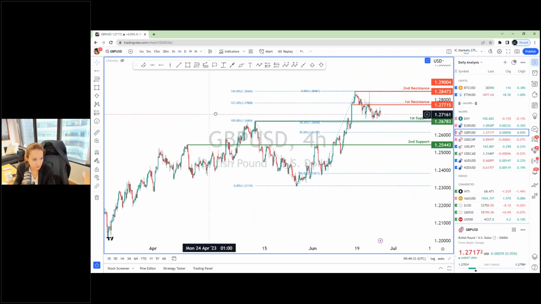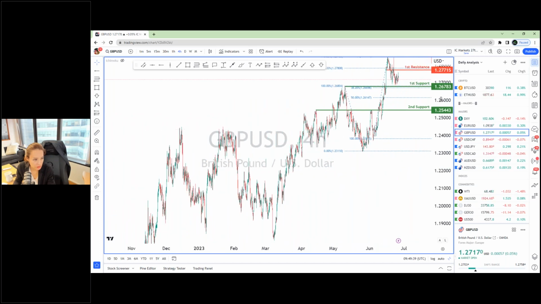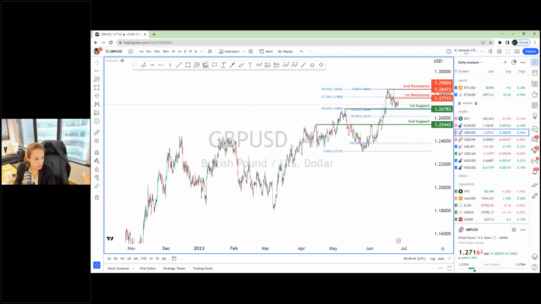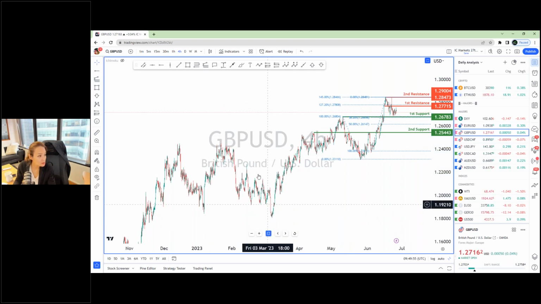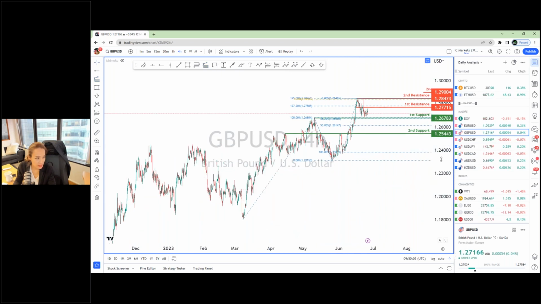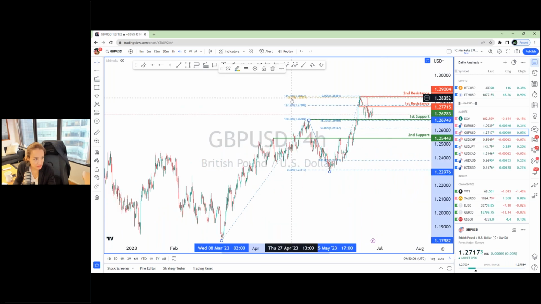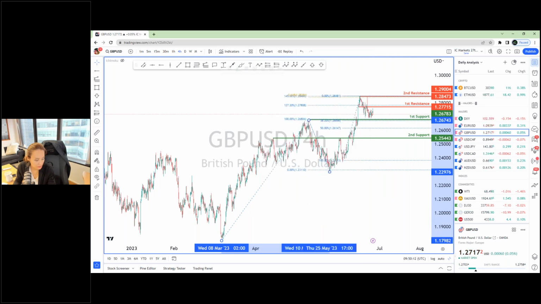Okay, and then I use projection, from here to here. Sorry guys, I cannot see. Okay, you can see that my second resistance has 61.8% projection.